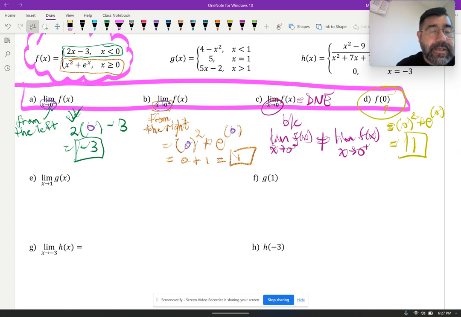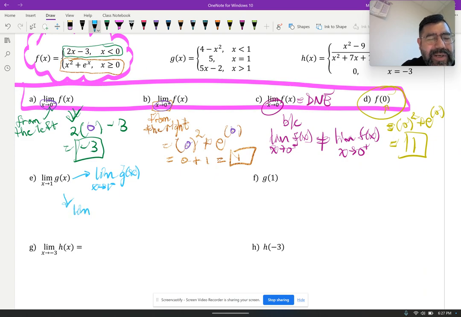So that means I need to see what is the limit of g of x as x approaches 1 from the left, and I need to check what is the limit of g of x as x approaches 1 from the right. Because if these two answers match, then that's the answer to letter E. Okay, let's figure it out.